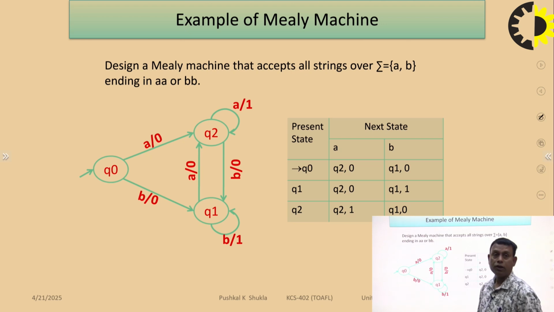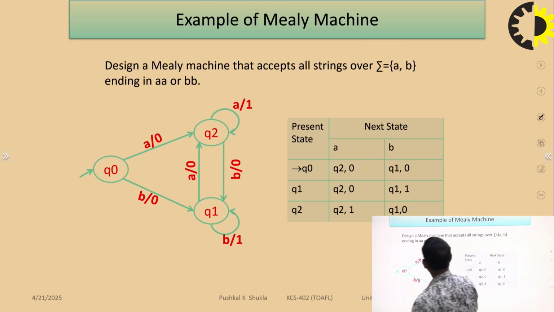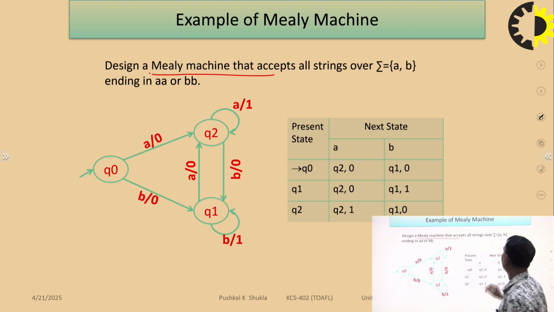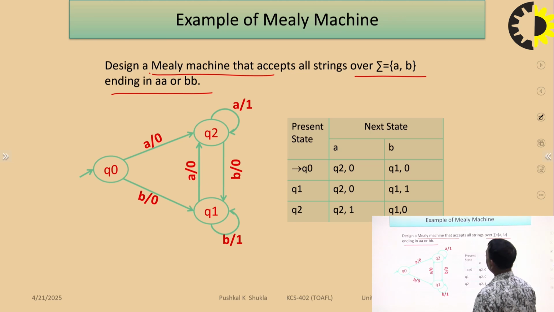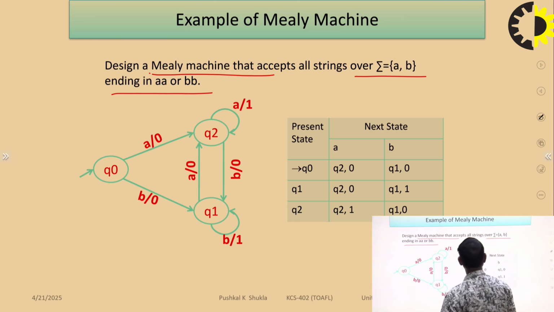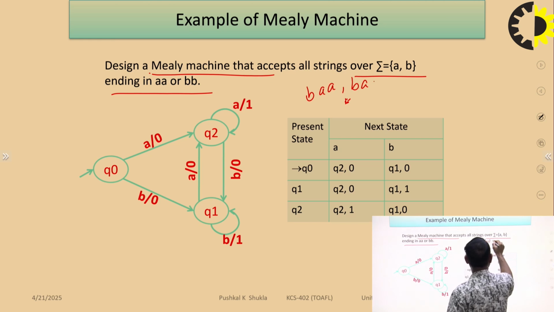Example of a Mealy machine. Suppose we have to design a Mealy machine that accepts all strings over sigma equal to {A, B} ending in AA or BB. It means this machine accepts all strings over A, B ending in AA, like BAA, BAAAA.